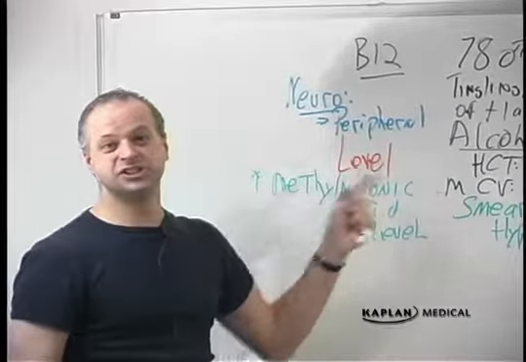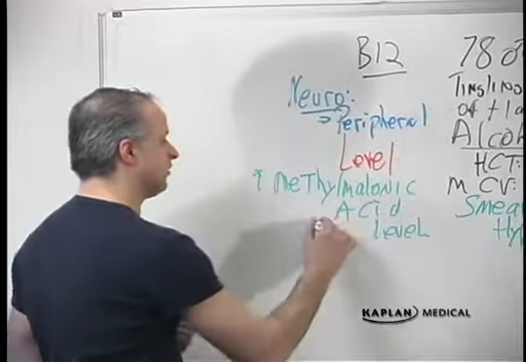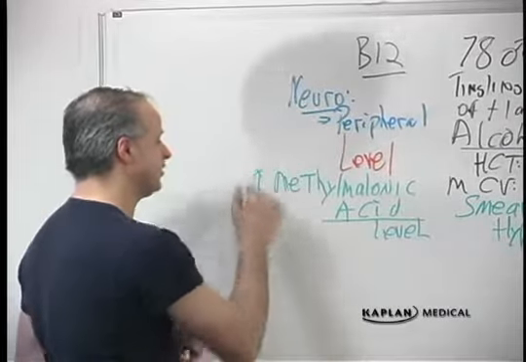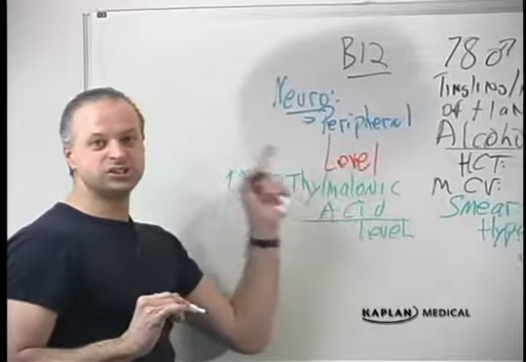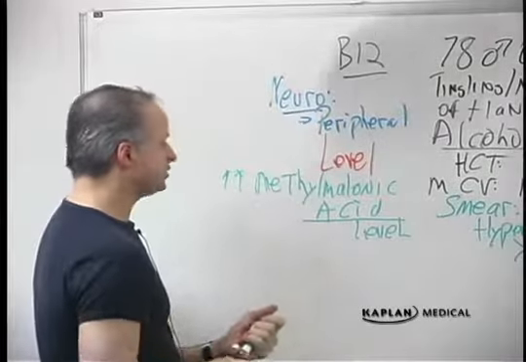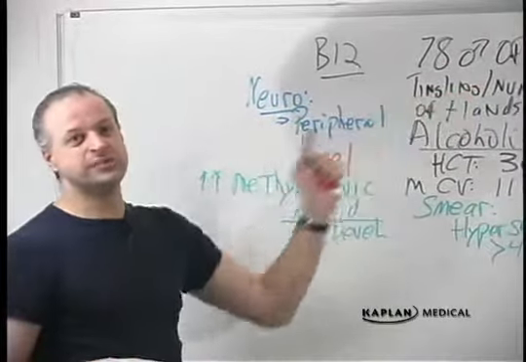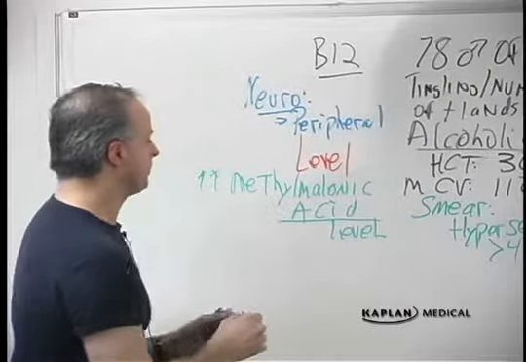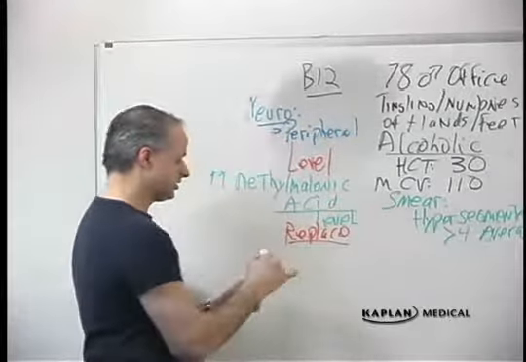And that's why you have a B12 level and a methylmalonic acid level, because this will be elevated even with a normal B12 level. So B12 deficiency, when do I get methylmalonic acid? When I got a story like B12 deficiency, but a normal B12 level, methylmalonic acid level, and replace the B12.